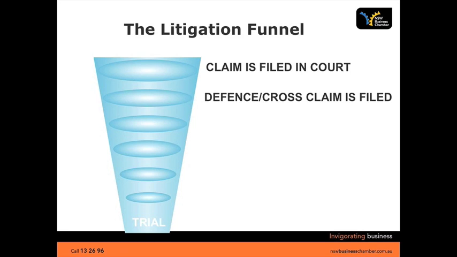That can get served on the other party to the dispute, and they're given a period of time to put on a defense. And if they think that you've done something wrong or they also have a claim, they'll file a cross-claim. Now, just these two things together, already you're talking about 30 to 60 days involved here, and possibly thousands of dollars already invested into the litigation funnel.